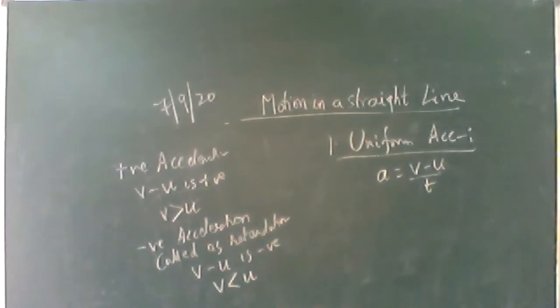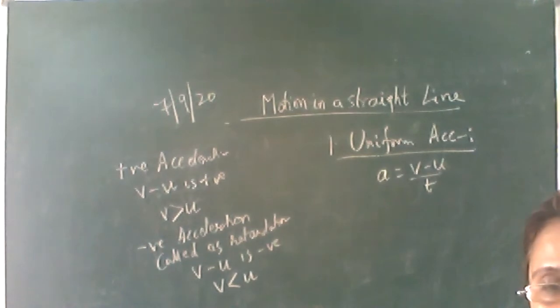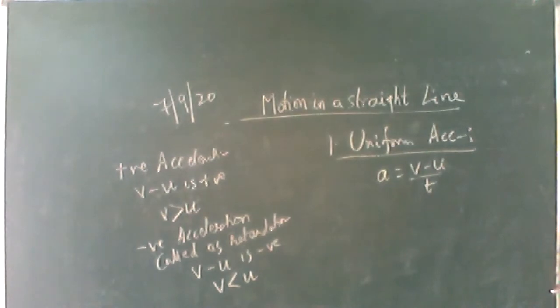So write down, when the change in velocity is equal in equal intervals of time, then the acceleration is constant, and is called as uniform acceleration.